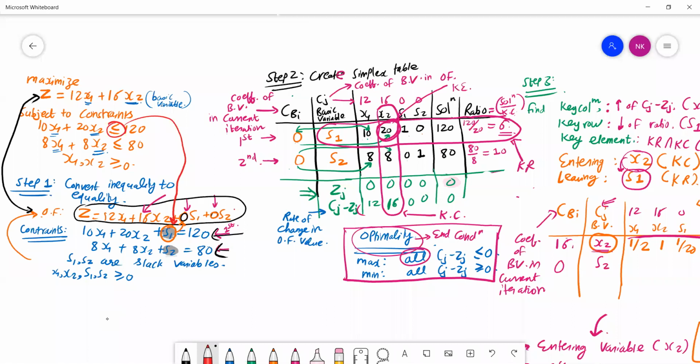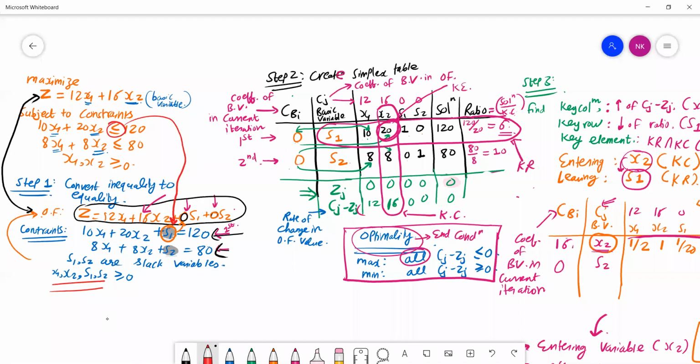Now, in this particular case, we are having four variables, that is x1, x2, s1, s2. And we have mentioned the coefficients corresponding to each of the variables in the objective function. That was 12, 16, 0, and 0. Now we are starting with the slack variables that we have added. Corresponding to each of the constraints, that is S1 and S2, we are having the coefficients.